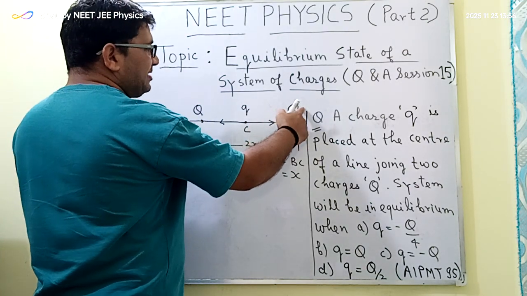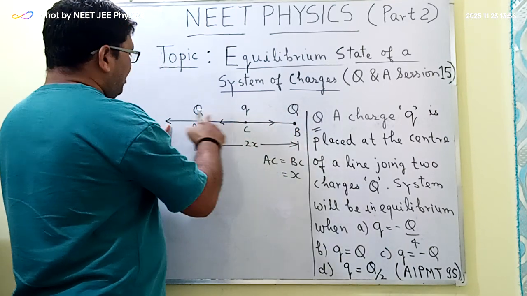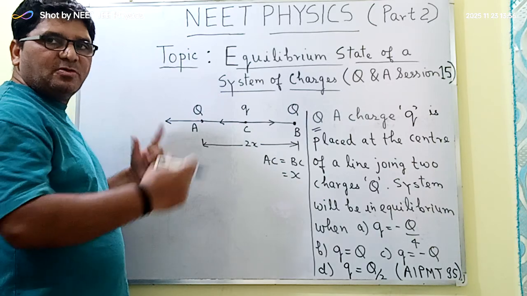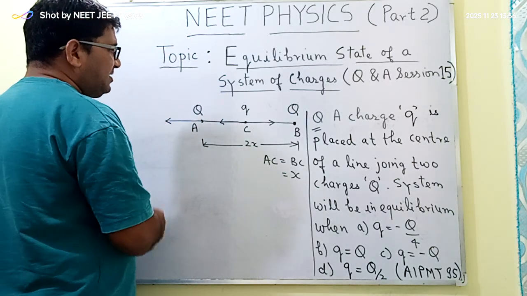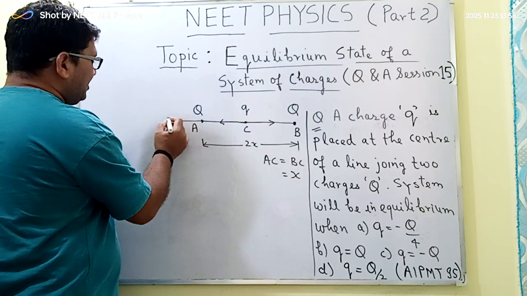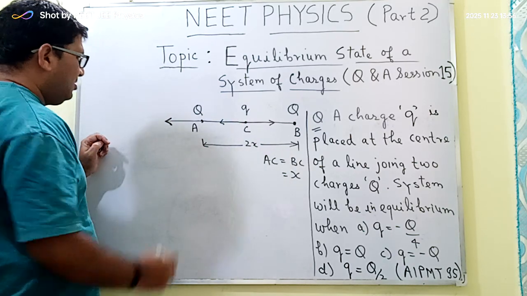Similarly, the electrostatic force because of the charge capital Q placed at B on the charge Q placed at A will also be repulsive because both are like charges, both are positive, and the direction will again be as given by this arrow.